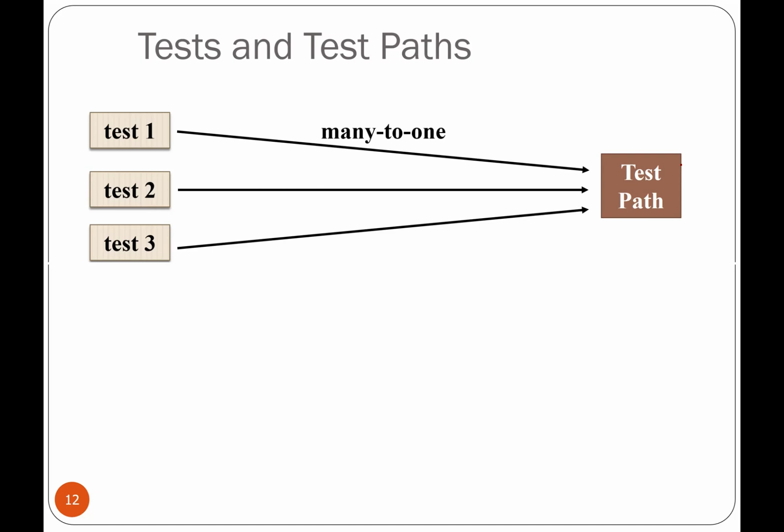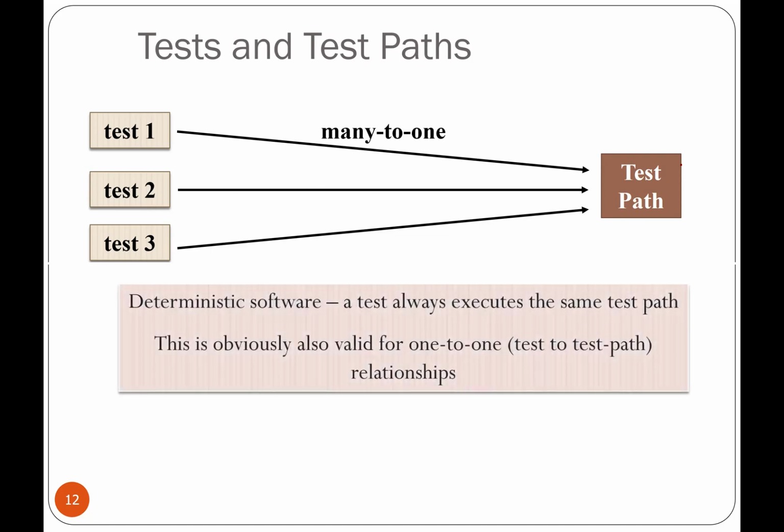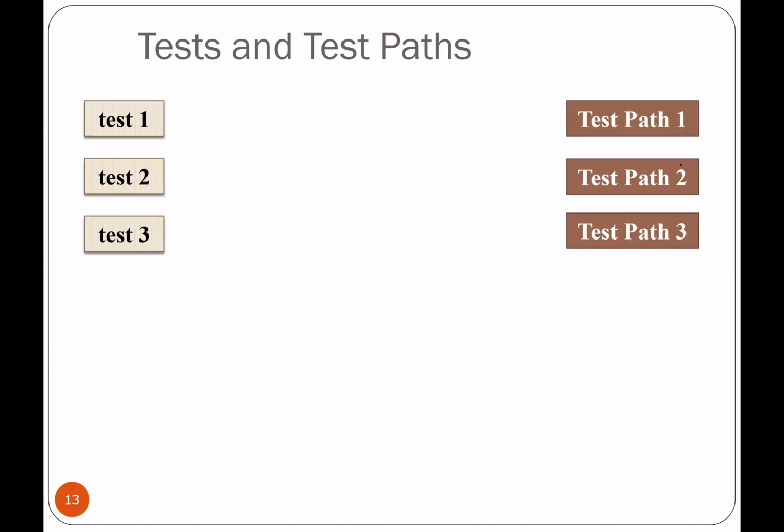Well, 95 will take me through a particular test path, 96 will take me to the same one, and 97, 98, 99, and 100 will take me to the same test path. And this is what we call deterministic software, where a test case always executes the same path. And it's obviously valid for one-to-one relationships.